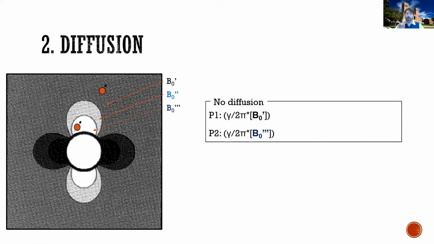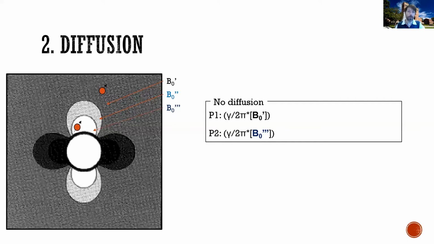Now let's see how diffusion affects this. Diffusion just means that, in everything I've shown you so far, protons stay still where they are, but that's not what happens. Usually, you do a radio frequency pulse, you put protons in a transversal plane, you stop the radio frequency pulse, and protons sort of relax back into B0. But the truth is that as they do this, protons actually move around.